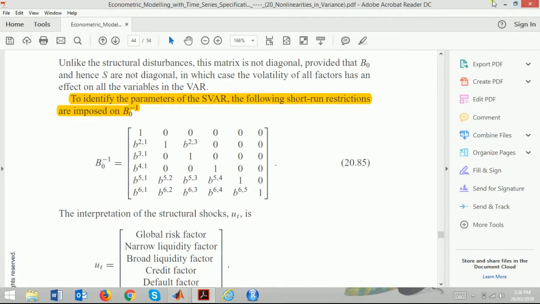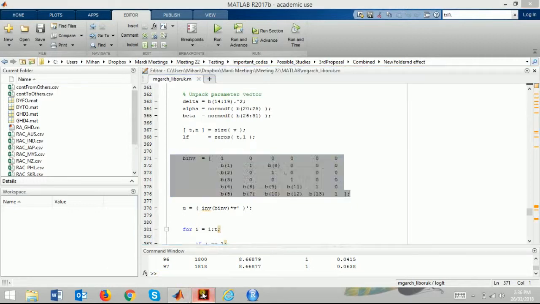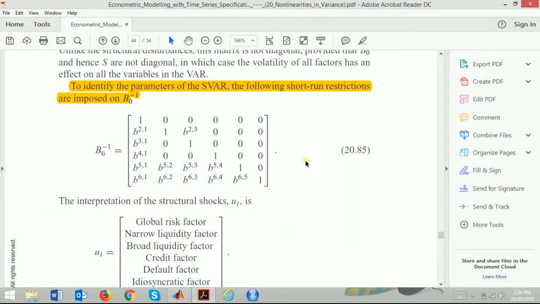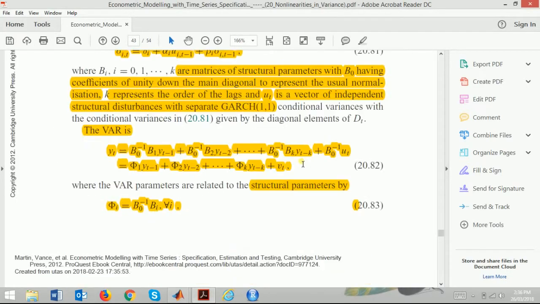So all these beta parameters must be estimated. Delta is from 14 to 19: delta, alpha, beta. Okay, so we have 5 variables. So we need to find delta, alpha, and beta. So this is beta naught, just beta naught. Then we have to find delta, right?